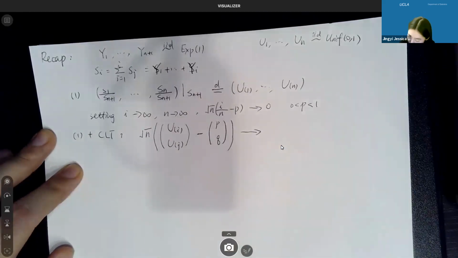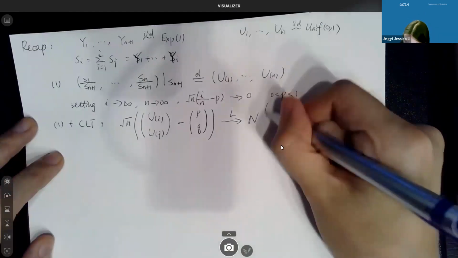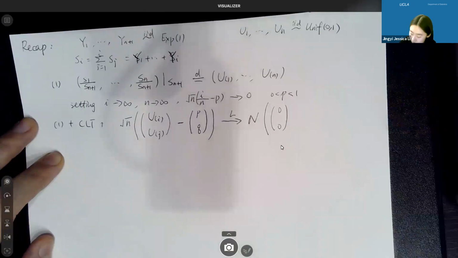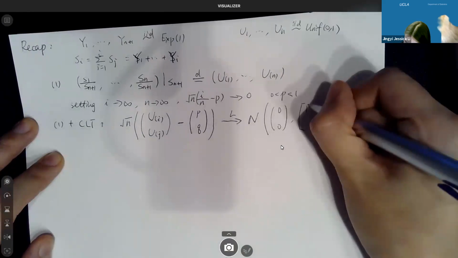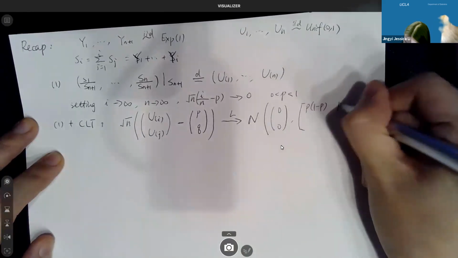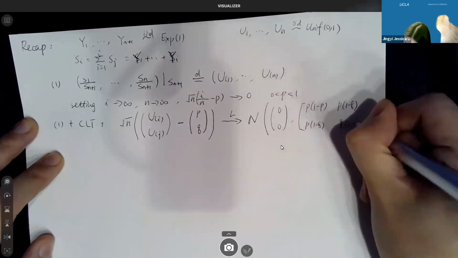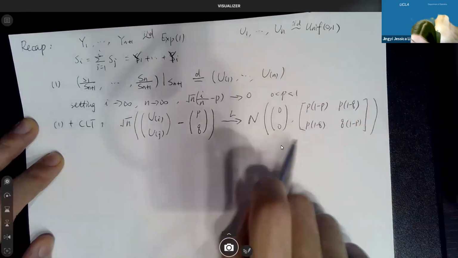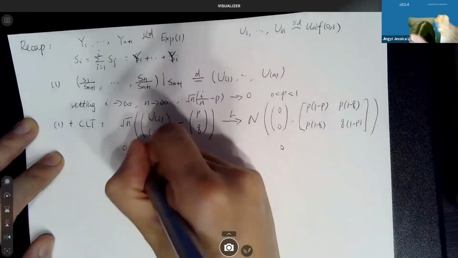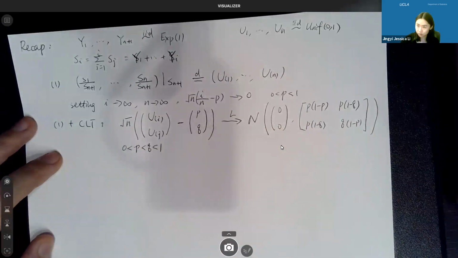This will converge in law to a two-dimensional normal distribution with mean vector 0 and covariance matrix with entries p times (1 minus p), p times (1 minus q), p times (1 minus q), and q times (1 minus q). This is subject to the constraint 0 less than p less than q less than 1, so p and q are two values between 0 and 1 with an order, p less than q.